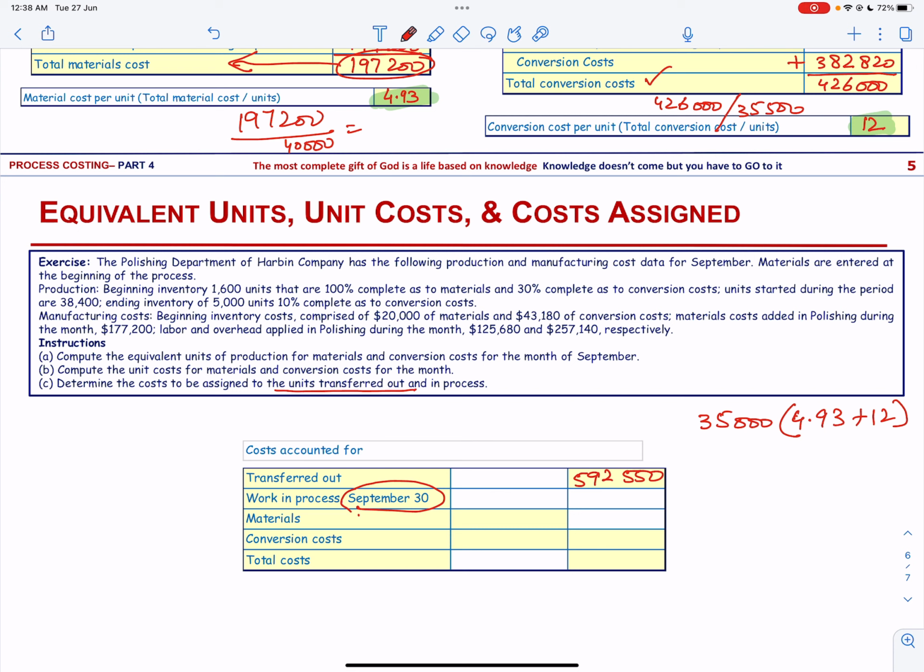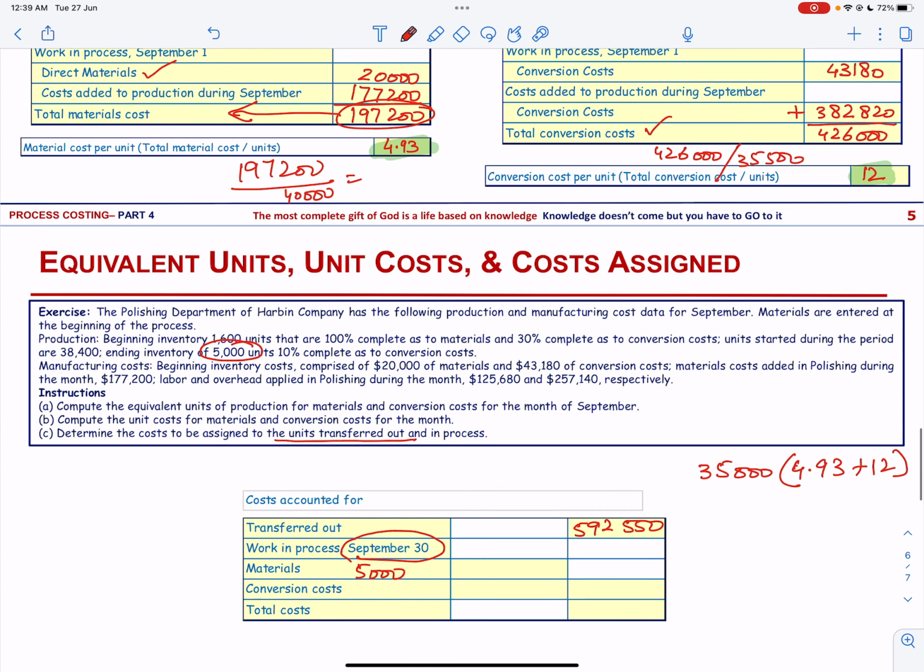Now the work in process on September 30 will be the material, and the material was 5,000. Ending inventory was 5,000, and the rate is 4.93. So this will be 24,650.